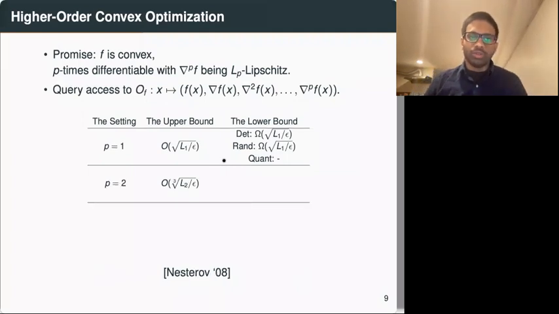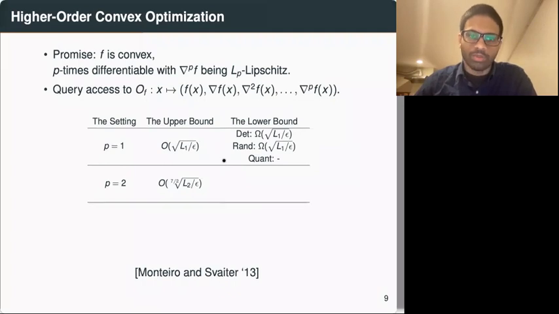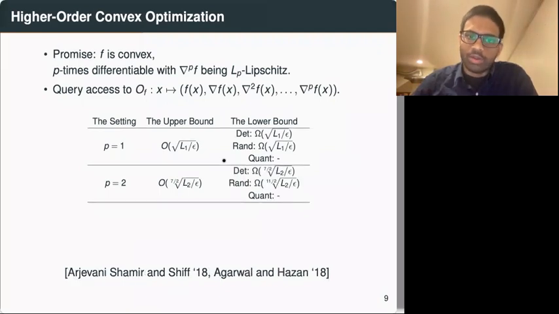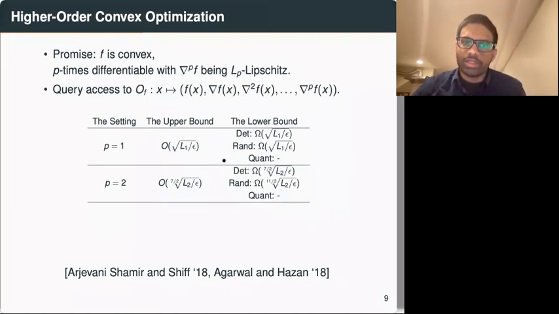When you set p equal to 2, you get even better. You can get cube root of 1 by epsilon, and that has been improved to 3.5th root of 1 by epsilon. And this turns out to be optimal. No deterministic algorithm can do better than 3.5th root. But it's not known whether it's optimal for randomized algorithms as well. There was a polynomial gap in the randomized lower bound and the upper bound.